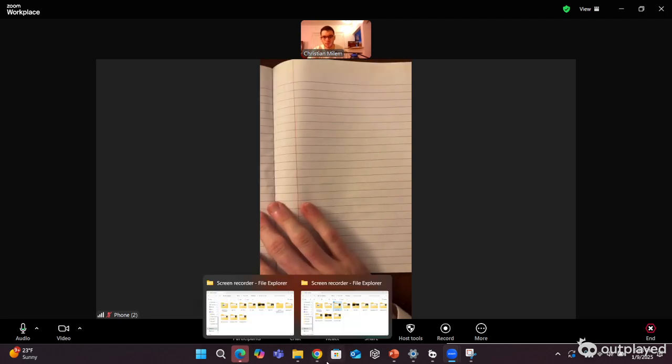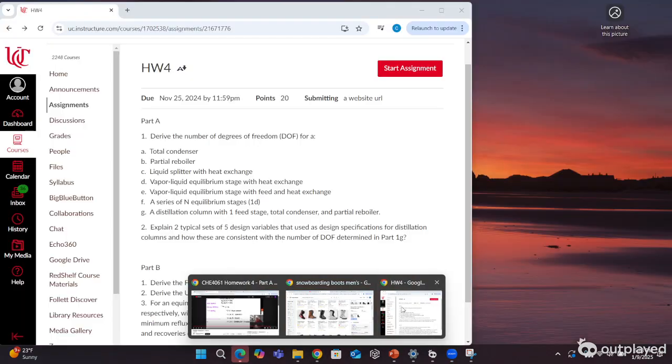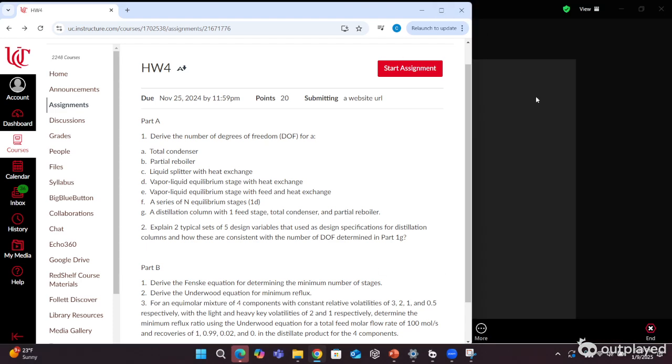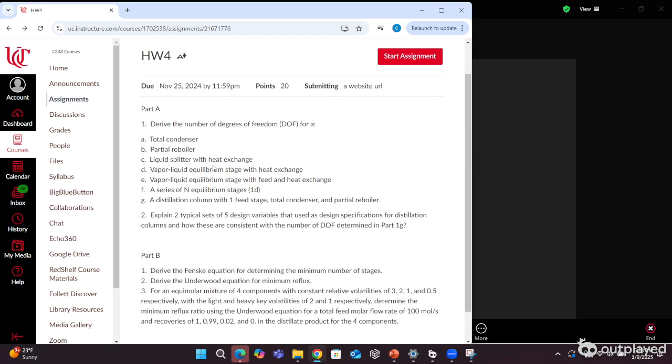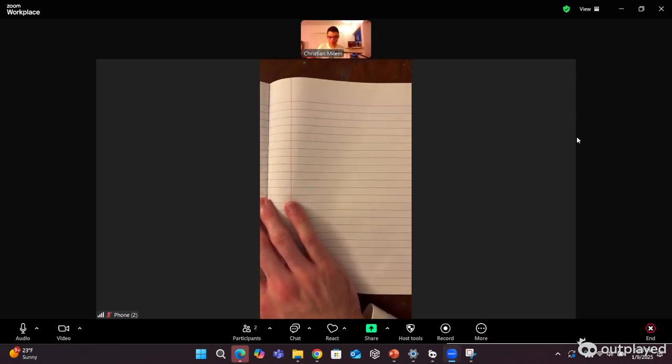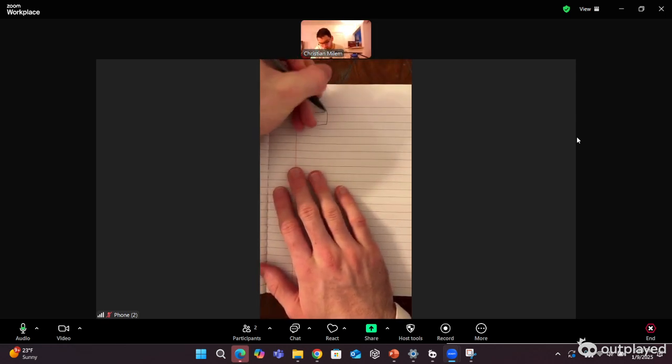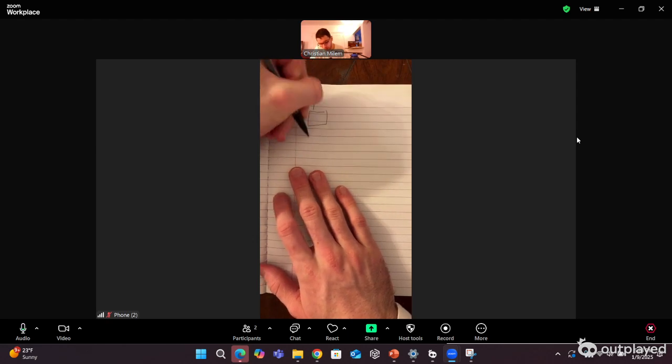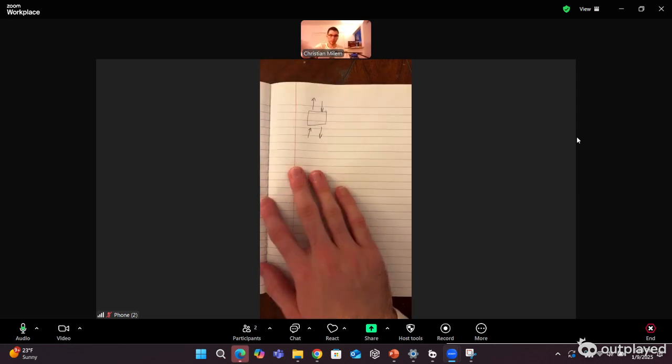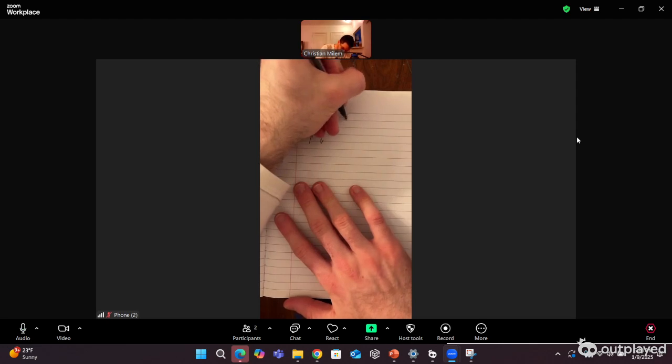Let's do which one's next? Vapor. Oh yeah, there was the heat exchange. I didn't even see that. Vapor liquid equilibrium stage with heat exchange. Okay, so then this is just a normal equilibrium stage. So we have 4 streams.